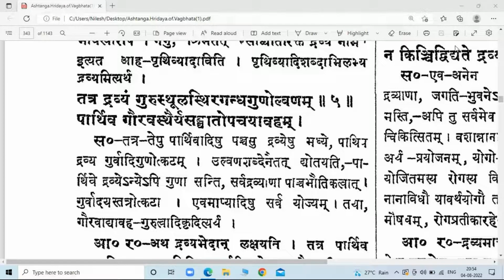So this idea of vibhagam is very important in our chikilsa. You see, the shadangam that I already explained. When we learn about the vyayamam, vibhakta ghanagatratvam, it is about vibhagam.